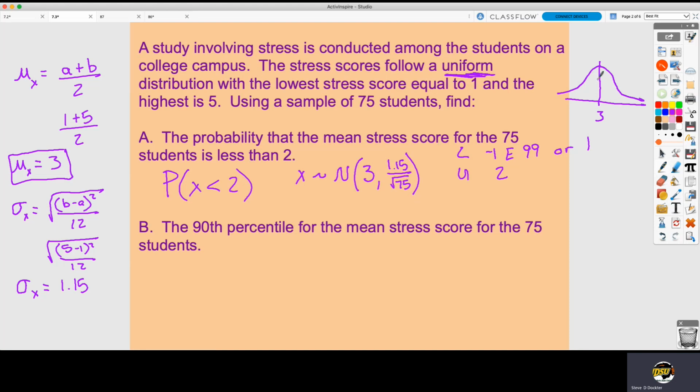0.13. So if we go based on what we were talking about before, 1 standard deviation over, we would subtract 0.13. We're down to 2.87. And we keep going and going and going, where that 2 is going to be way the heck over here, right? So there are very few numbers that are going to be truly less than 2 based on this information.